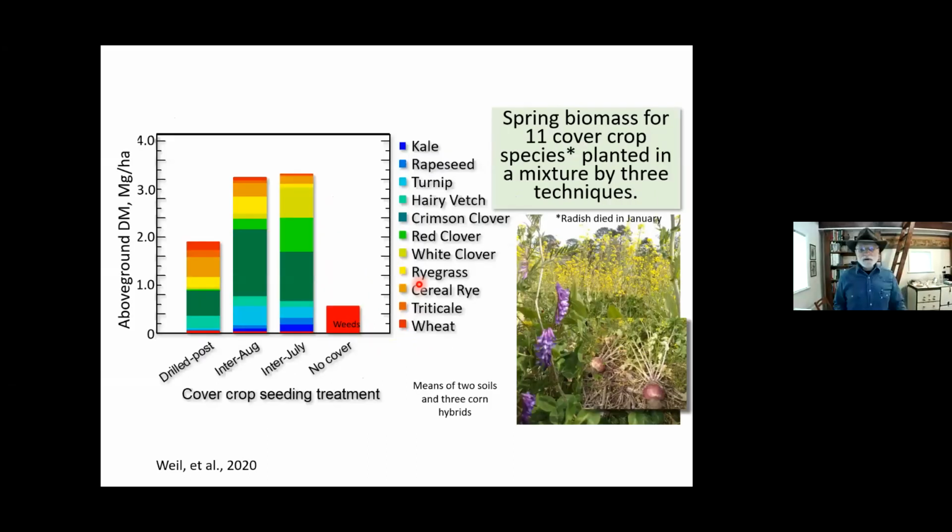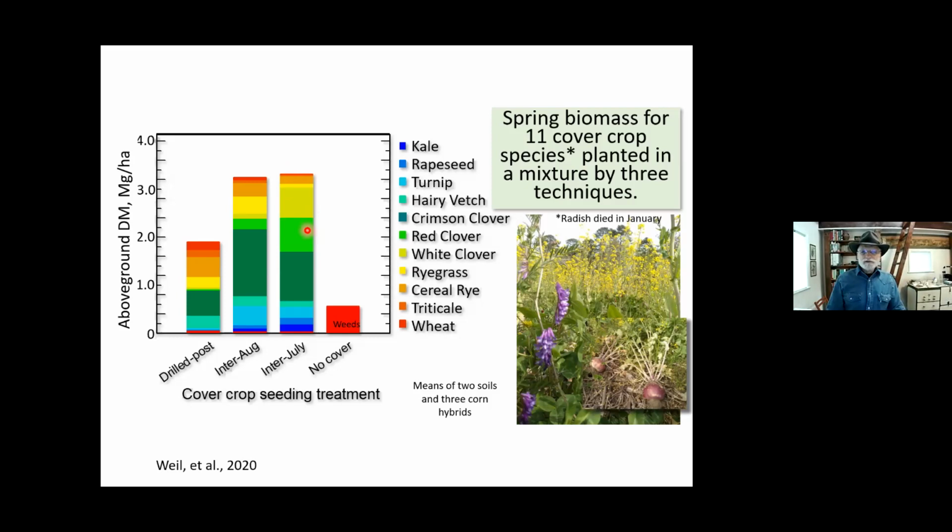In spring, we were able to tease out the individual species. So we have 11 species here. The radish was dead, so we couldn't measure that. These red and yellow colors are the grasses: the wheat, triticale, cereal rye, and annual ryegrass. And the greens are the legumes.